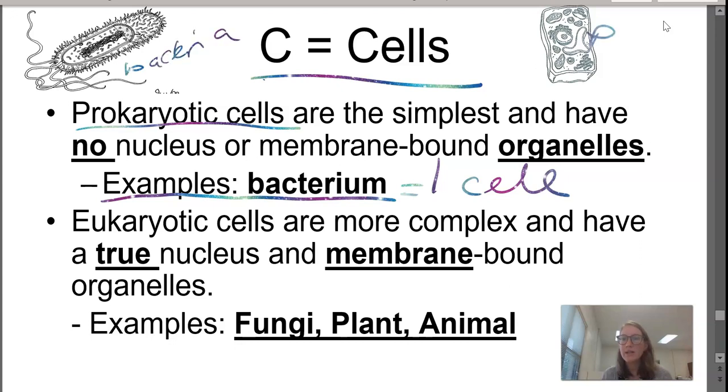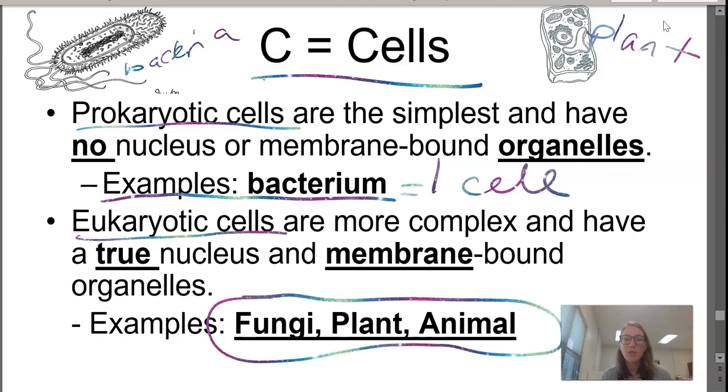This over here is a plant cell, or a eukaryotic cell. Eukaryotic cells are a little bit more complex, and examples would be fungi, plant, and animal. So you are eukaryotic, like plant and animal, or bacteria. Even if you're just one teeny tiny little bacteria, you're considered living. If you are a plant cell and you've got 1,000 of these type of cells, you're considered living.